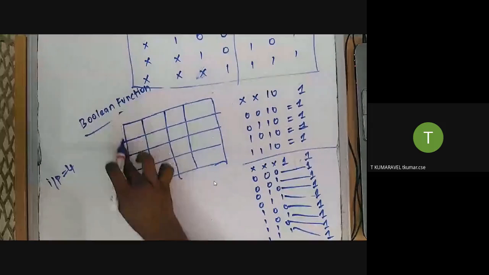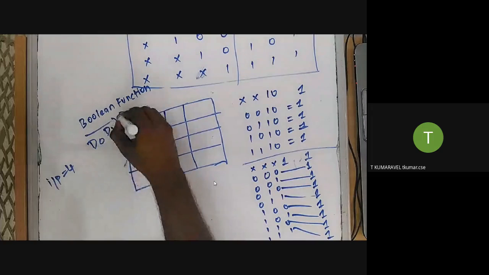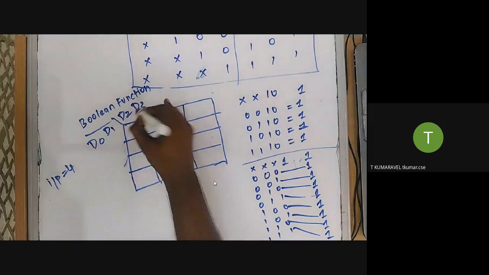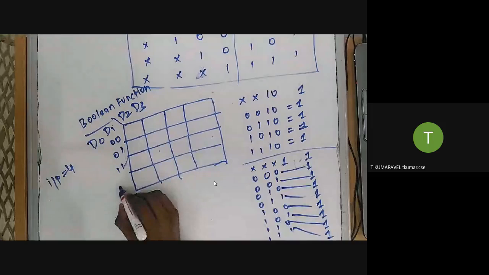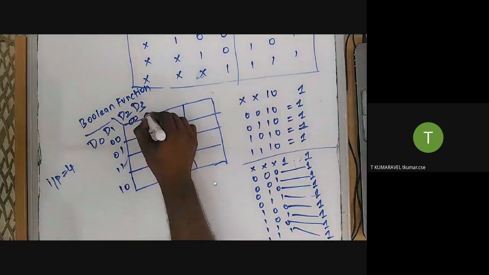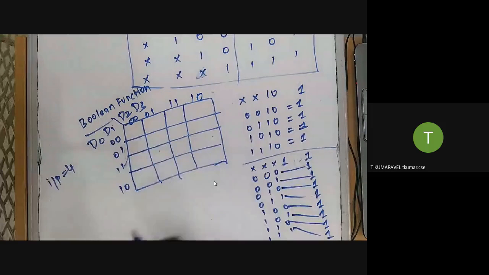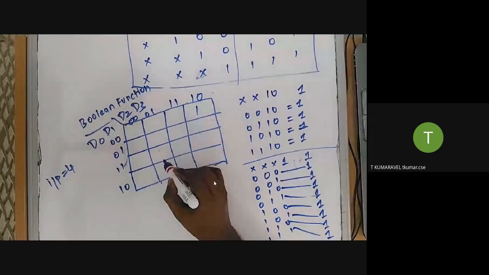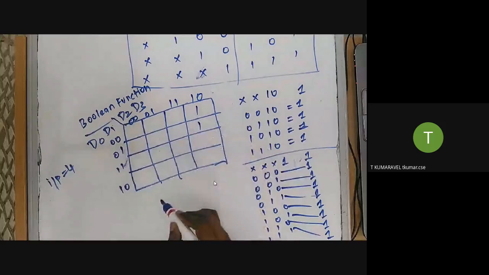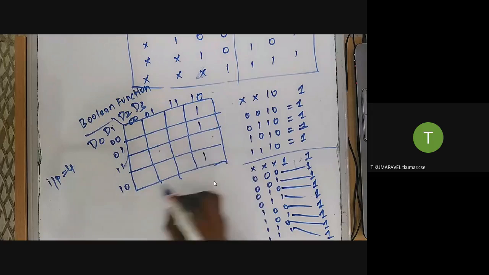So D0, D1, D2, and D3 label the table index: 00, 01, 11, 10. Try to fill up the table.